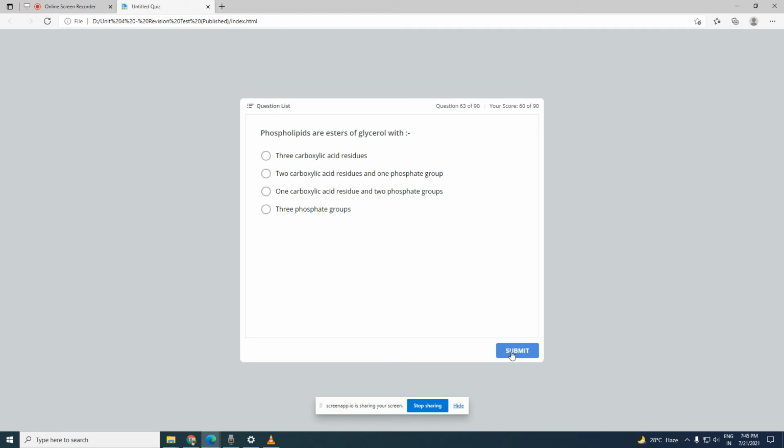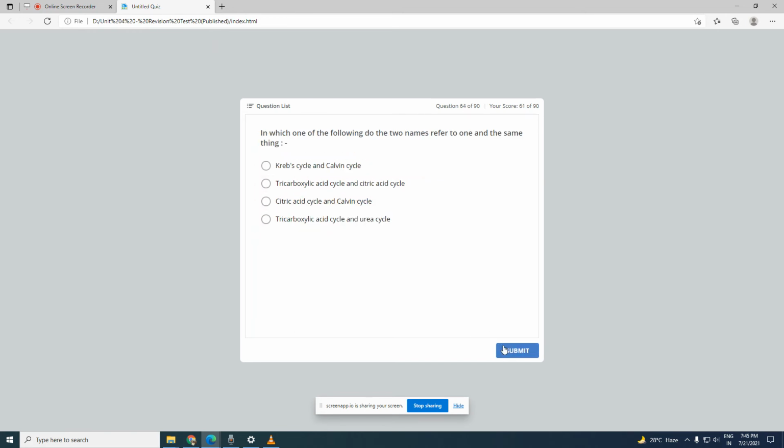Option D is the three phosphate groups. Which is the right answer? Two carboxylic acid residues and one phosphate group is the right answer. I have to select before I click the submit.